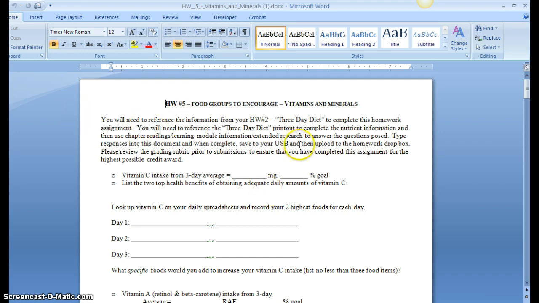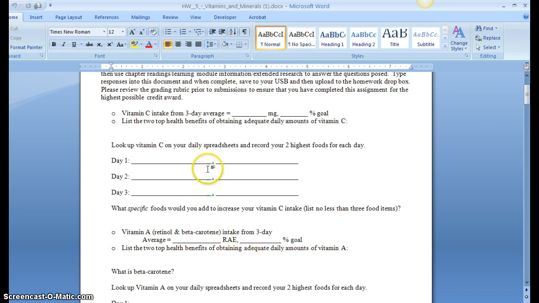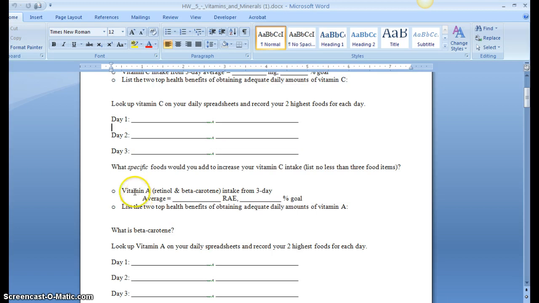So to start off, same as the past two homework assignments, you are going to be specifically looking at your vitamin intake. Vitamin C wasn't an issue for anybody. Write down the greatest foods that you consumed, what specific foods. Vitamin A had two different types.